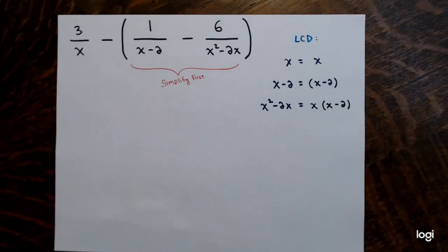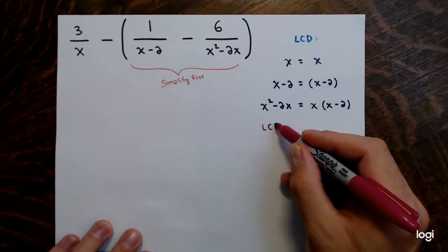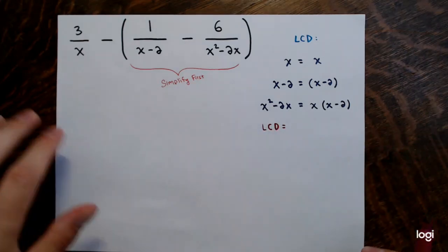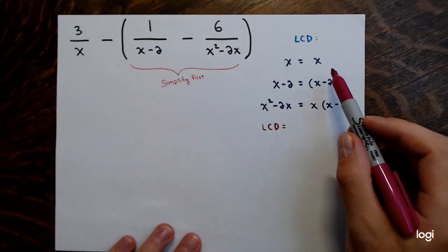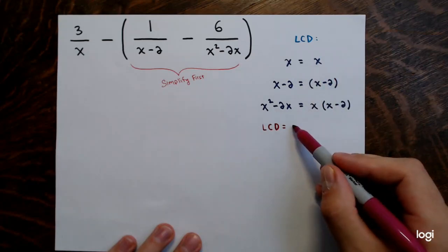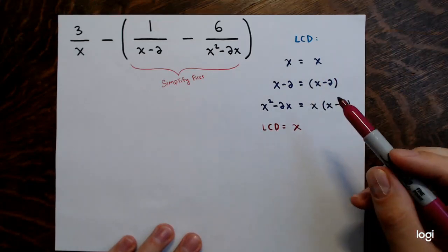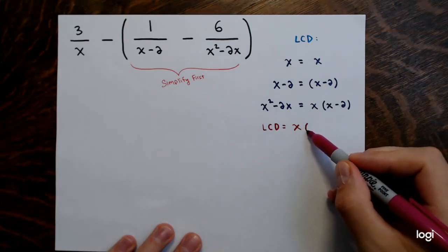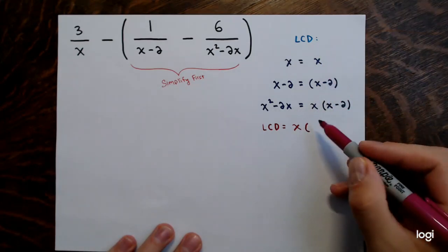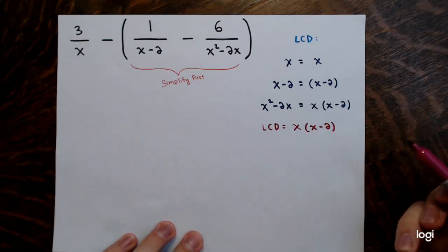Okay. So the least common denominator, right, the factorization of the least common denominator, looking through all these factorizations, I see factors of x, so you're going to have x to some power in the factorization of the LCD, times, and then I'm also seeing factors of x minus 2 in here, so you're going to have x minus 2 to some power in the LCD.